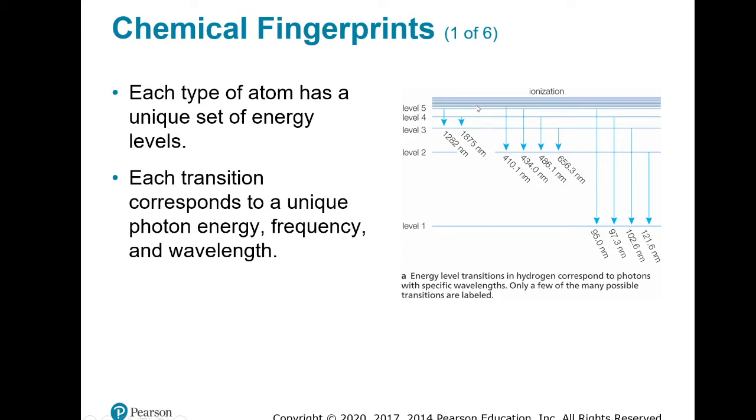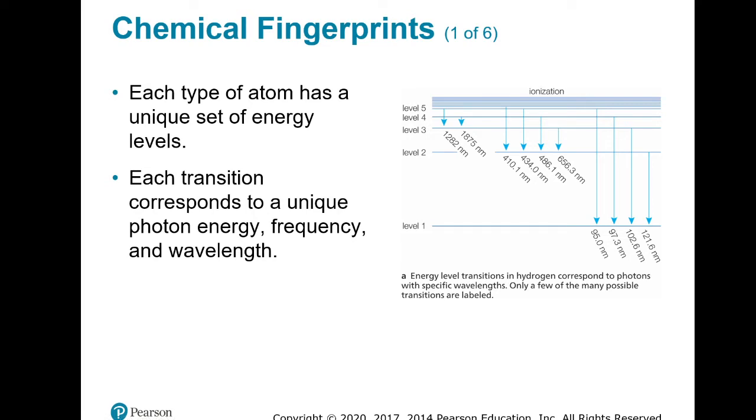Now imagine a cloud of gas and a light incident upon that gas. That is what we call an incandescent source or a continuous source, such as our sun. By that we mean that in terms of visible light, it contains all wavelengths of visible light.